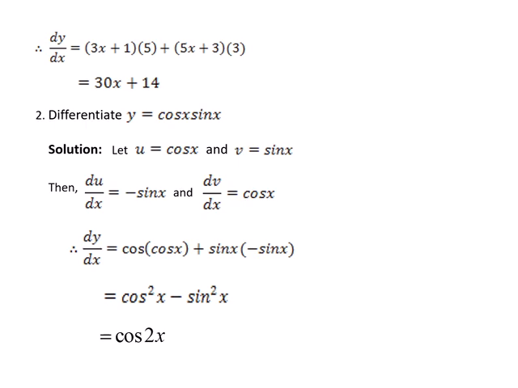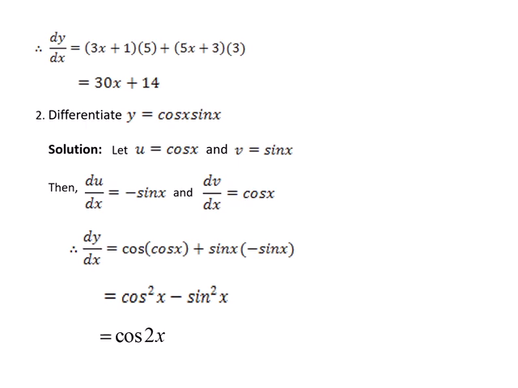So dy/dx is now equal to (3x plus 1) into 5 plus (5x plus 3) into 3. Then we evaluate. If you use 5 to open this bracket and 3 to open the other bracket, we are going to have 30x plus 14. That is the answer.